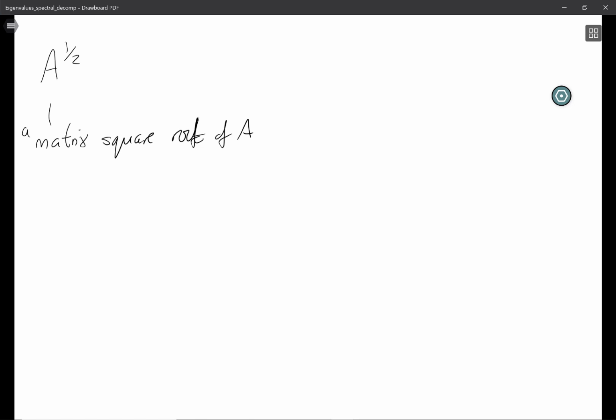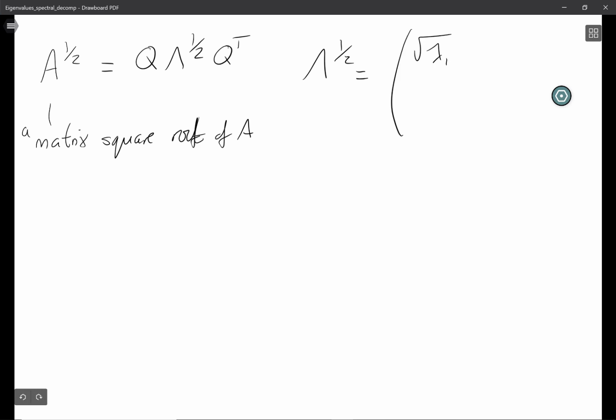This is just one particular choice. Okay. So if we let A to the half be Q lambda to the half Q transposed, where lambda to the half is just what you'd expect, square root of lambda 1 down to the square root of lambda n, then this behaves as you might expect.